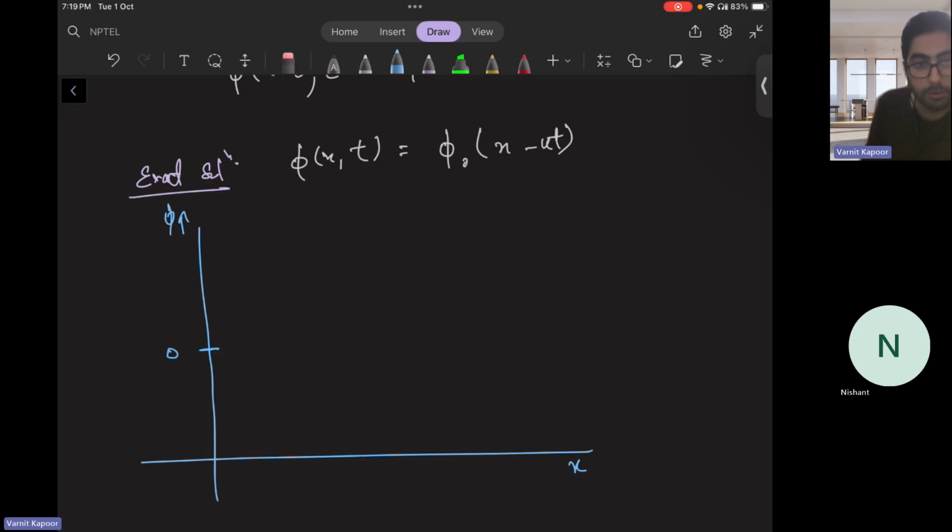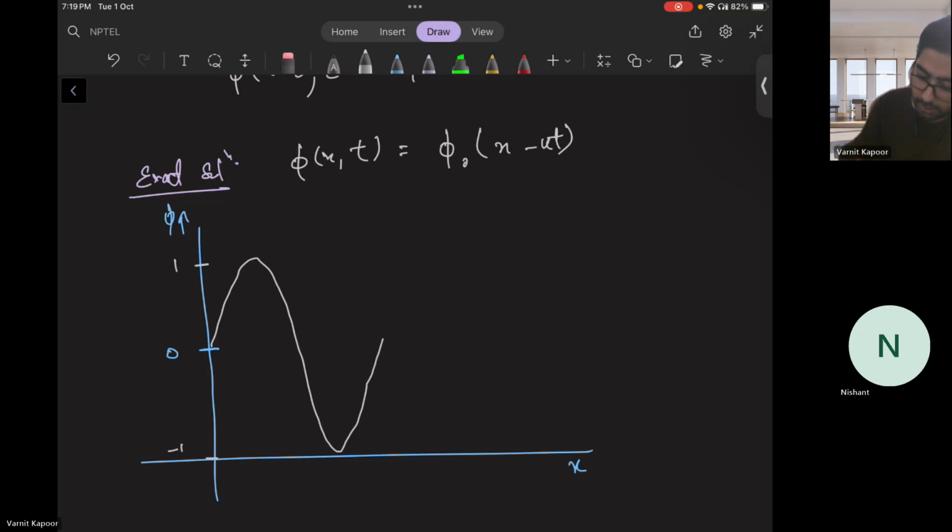Suppose this is 0, this is 1, and this is minus 1. The sine wave input should give you a result like this at t equal to 0. After t seconds, it will be displaced by ut. This much it has shifted.